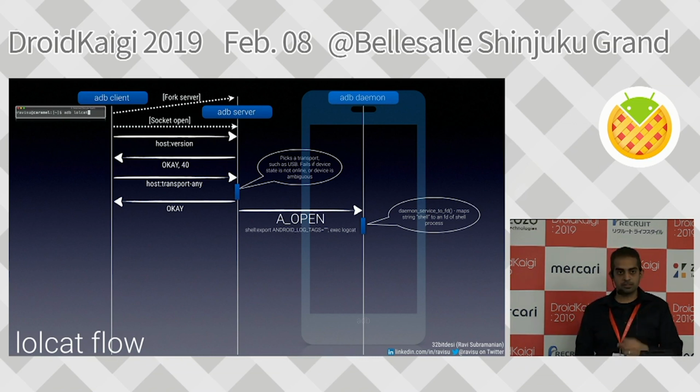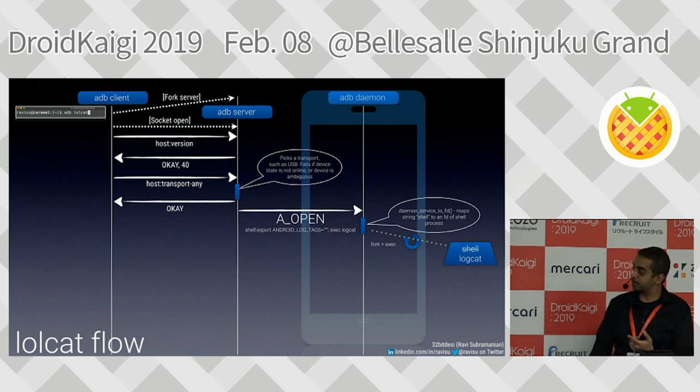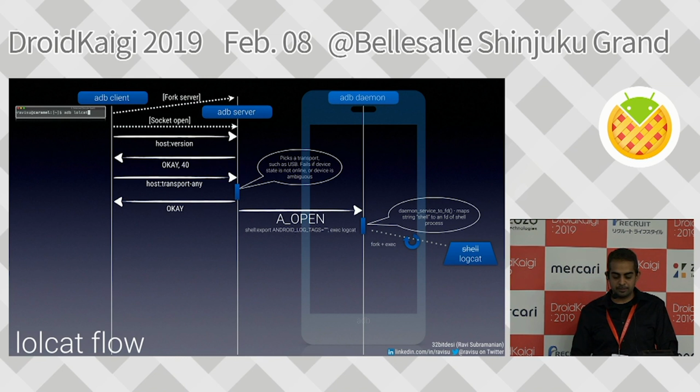If you're wondering, there's a logcat binary that gets run on the device side. It uses a fork and exec paradigm to start the shell, and then the shell essentially execs itself and becomes the logcat process. So there is a logcat binary running on every Android phone, and that thing will start reading from the log buffers.